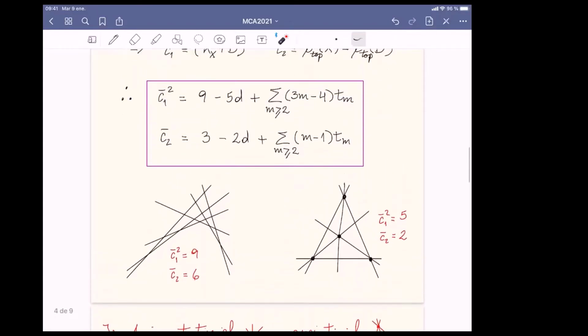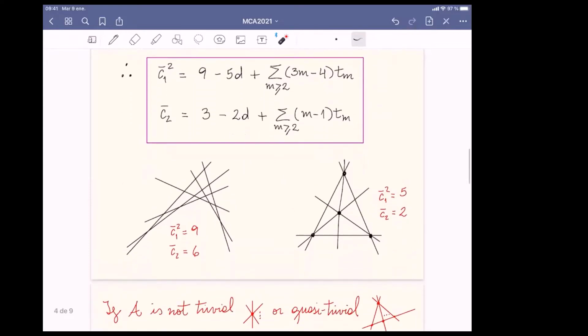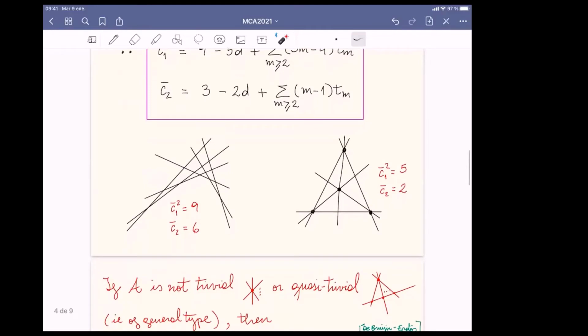Then I want to talk about the restrictions that we have on these numbers, because of course not any number is possible, not any pair. So I can tell you in the picture here, for line arrangements it is beautiful. I can tell you a lot of things.